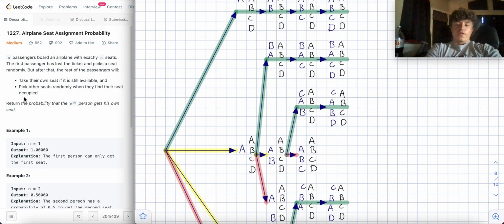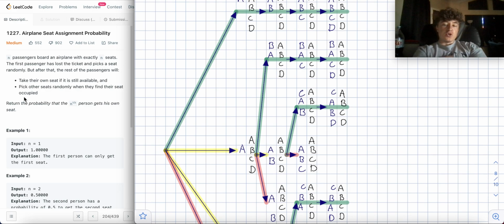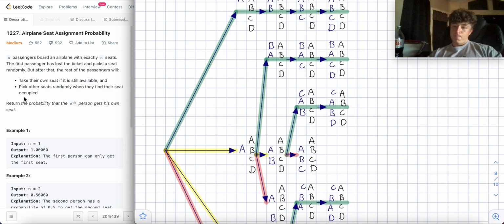Okay, so when you think about this problem, you realize pretty quickly or intuitively that there's this cascading effect, right? Because the first person at random is going to choose a seat. It's possible that that person chooses their own seat, right? And if that person chooses their own seat, then we're good, right? If the first person, person A, chooses their own seat at random, then everyone else who does have their ticket will choose their own seat as well.